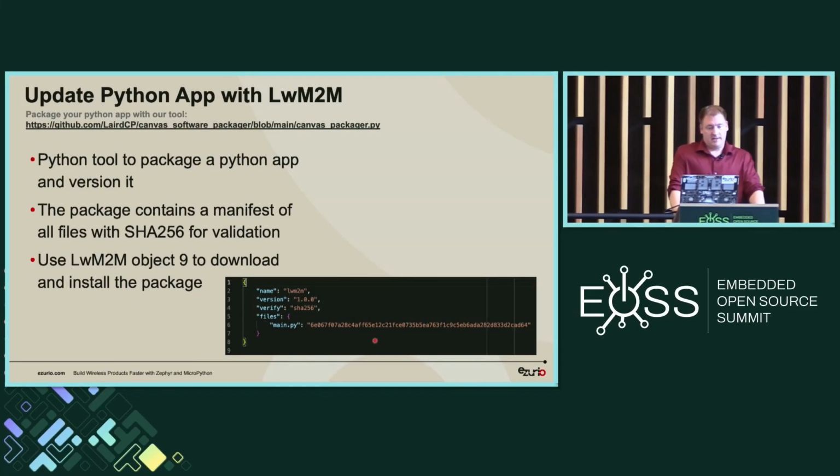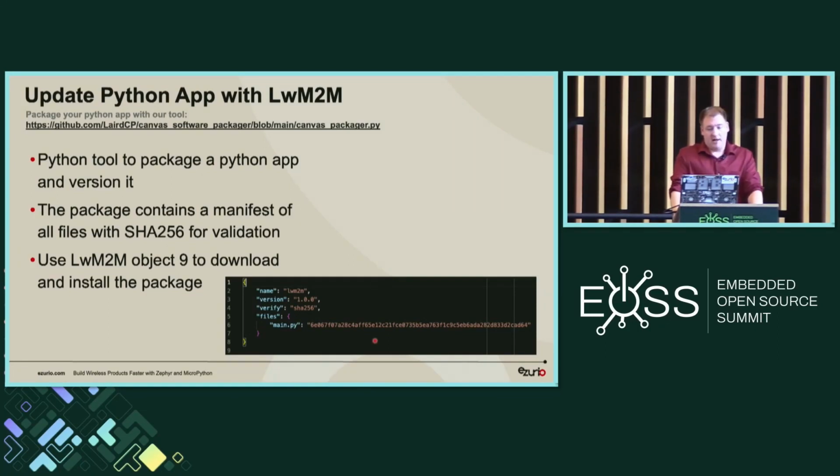Furthermore, besides updating the core firmware, users need to be able to update their Python apps. We've created a Python tool that allows you to package up your Python app. So your Python app could be one or more Python files. So you need to be able to package each of those files into some container. And we chose to use a zip container with no compression.